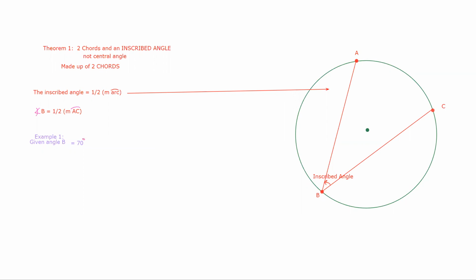So you're going to plug that right into the formula. Angle B equals 1/2 the measure of arc AC. And in this situation, they would be asking you to find the measure of AC. So they've given you the angle, and they want you to find the arc.